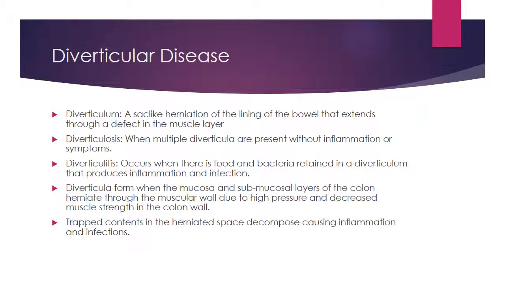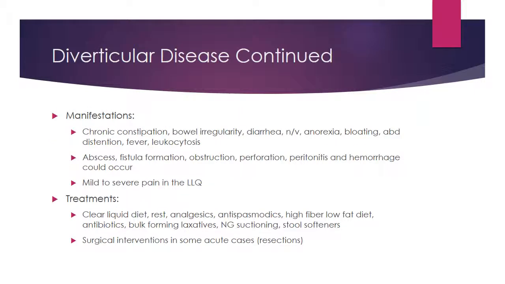And then diverticulitis occurs when there's food or bacteria retained in those diverticulum, and that's what causes inflammation and infection. Those form when the mucosa and submucosal layers of the colon herniate through the muscular wall due to high pressure and decreased muscle strength in the colon wall. And the trapped contents in those herniated spaces decompose, causing inflammation and infections.